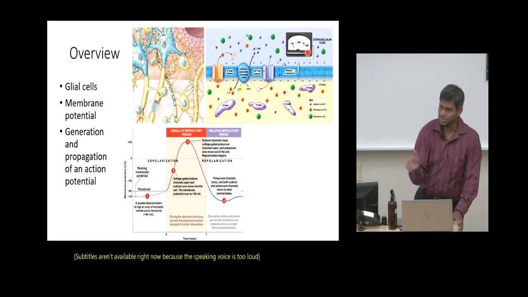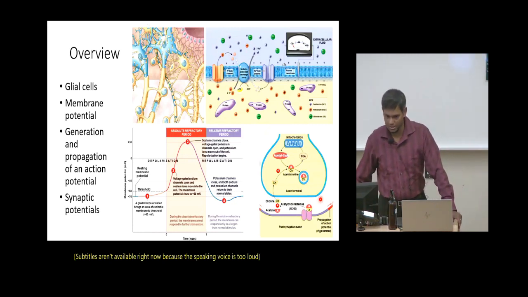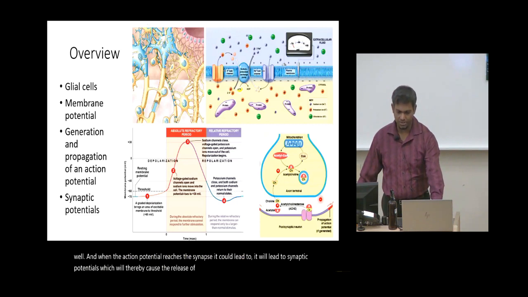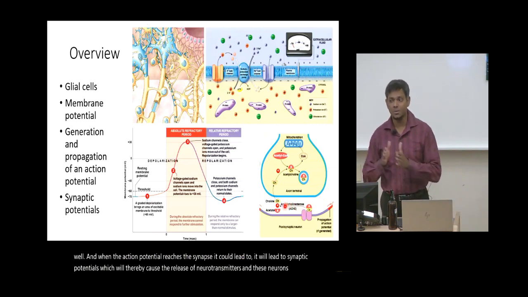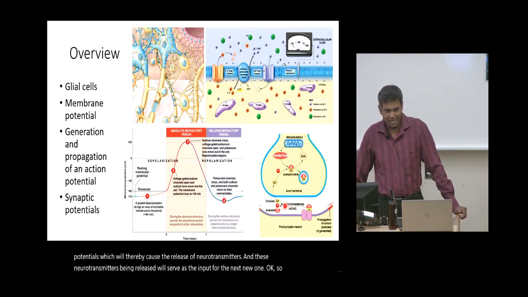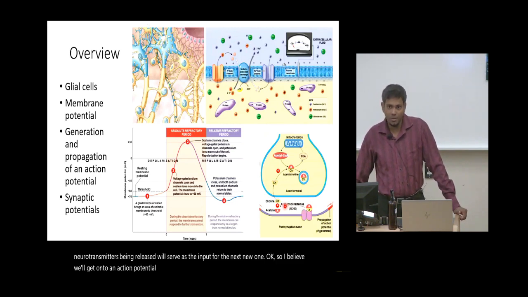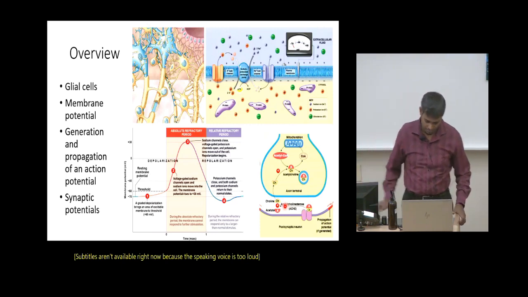When the action potential reaches the synapse, it will lead to synaptic potentials, which will cause the release of neurotransmitters. These neurotransmitters being released will serve as the input for the next neuron. I believe we'll get onto action potential generation in today's lecture, and then we'll pick up with the other topics on Monday next week.